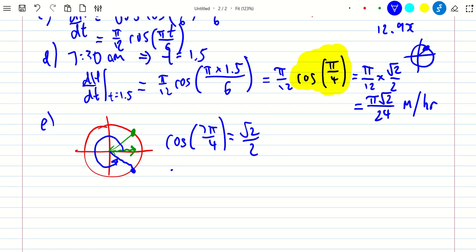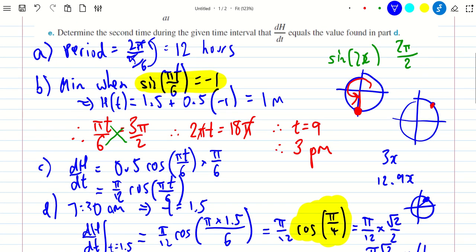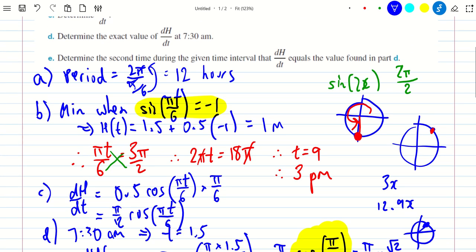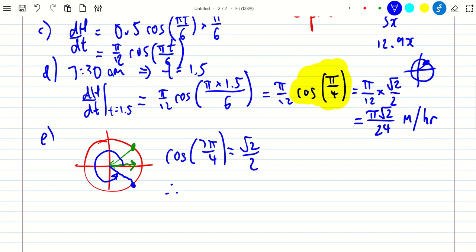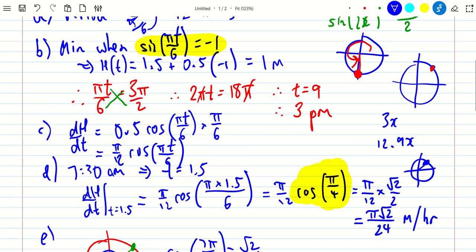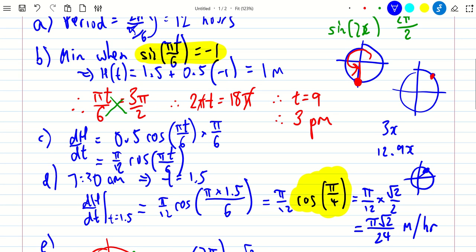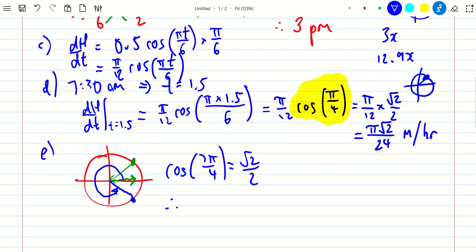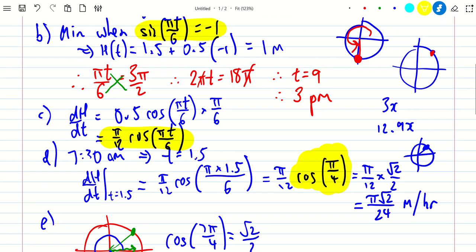All right, and so what did the question want again? It wanted the second time. So we want to know what the time is. Looking back at our original, determine the second time dh/dt. What we want is our original dh/dt to be the same value.